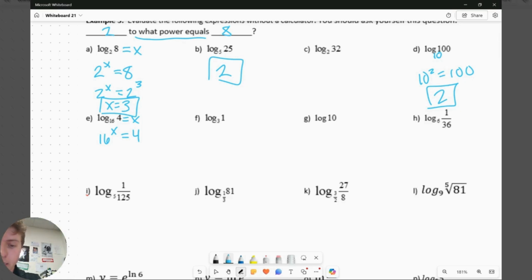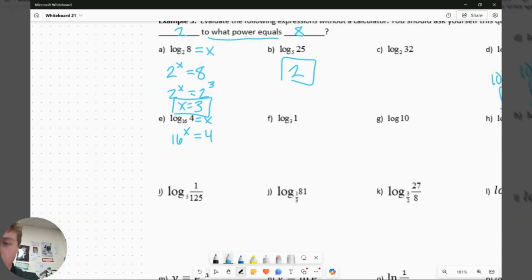But that means I need to remind myself, if you take a square root of 16, that's the same thing as raising it to the 1/2 power. So what I could end up finding is that x needs to be 1/2. 16 to the 1/2 is what gives you a value of 4.